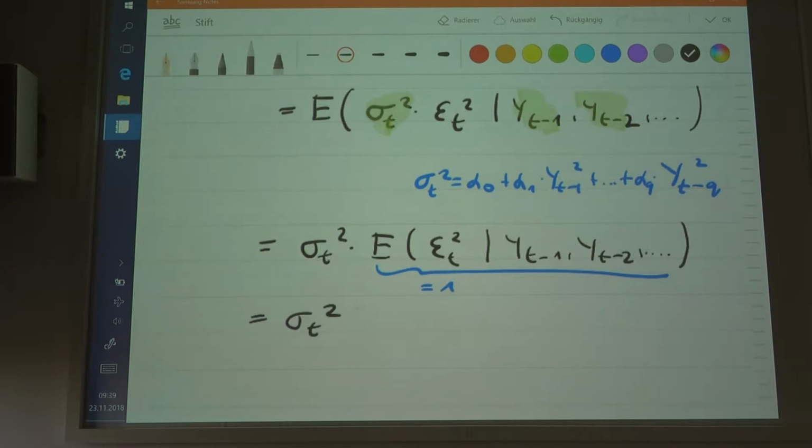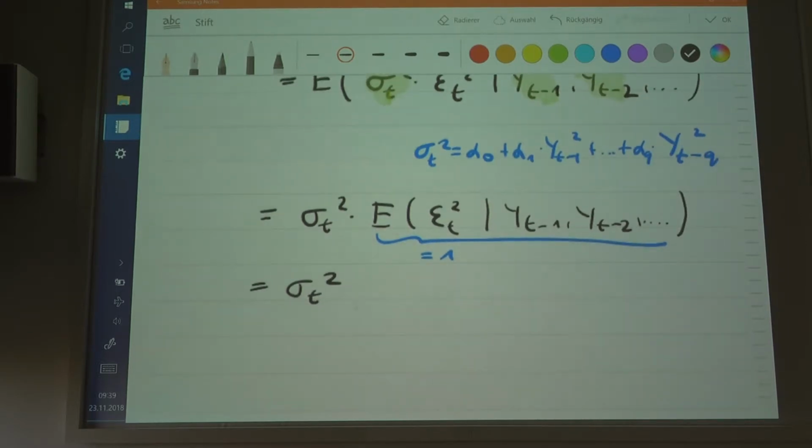It depends on the corresponding observation, so it changes over time. And that is equal to alpha 0 plus alpha 1 times y_{t-1} squared, plus etc., and then alpha q times y_{t-q} squared.